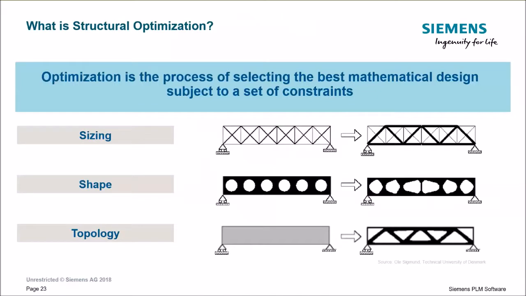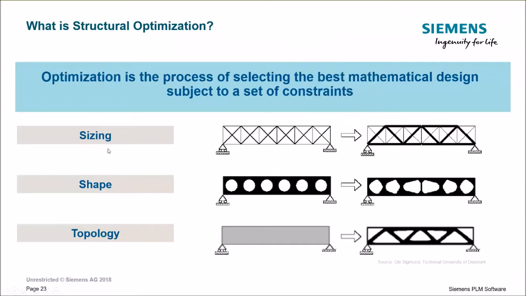But optimization in a structural sense is about selecting the best mathematical design subject to a set of constraints. It typically involves an objective, like reducing mass, for instance, and some variables, for example, thicknesses or cross-sections, which are subjected to certain constraints, typically maximal stresses or certain deformation levels.